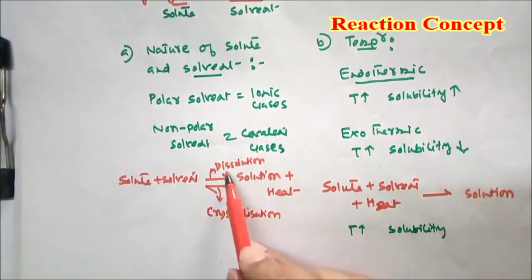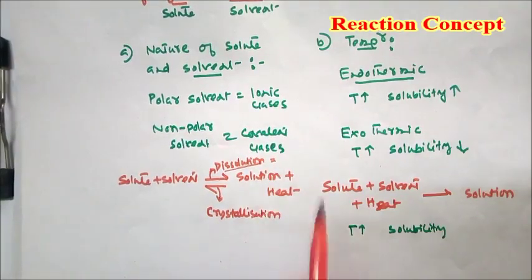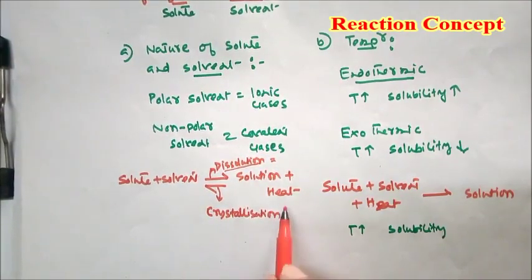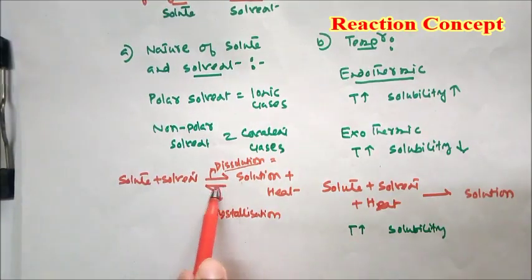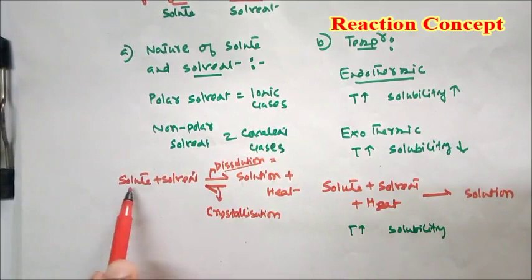The dissolution process is exothermic, but the crystallization process is endothermic, because if the solution absorbs heat, then the crystallization process will proceed, and the solution will give rise to solute and solvent.